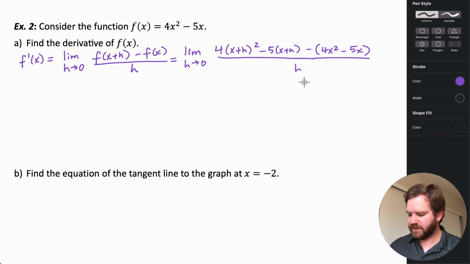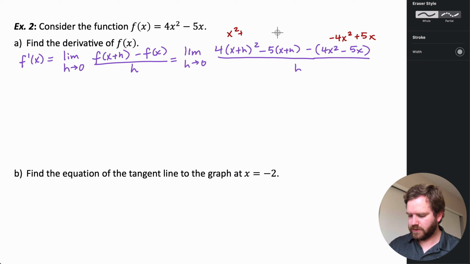Okay, so let's do a little bit of simplifying here. If I were to distribute my negative through, I'm going to get a negative 4x squared plus 5x. x plus h quantity squared expands to be x squared plus 2xh plus h squared. That's all being multiplied by 4, so let's go ahead and just do that.